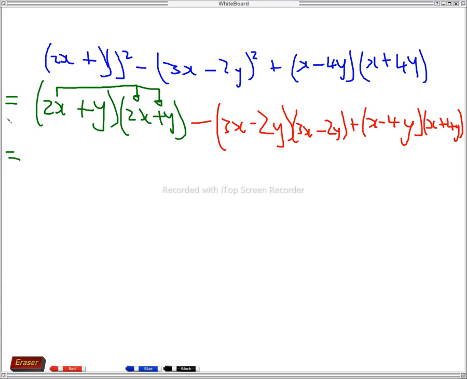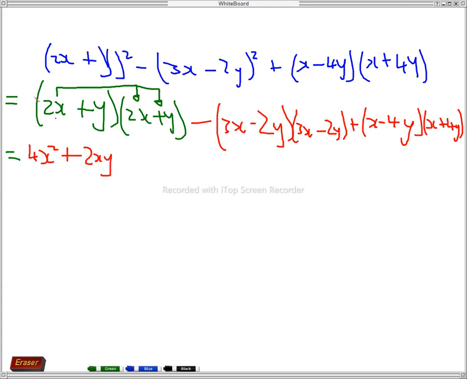So let's just calculate. 2x multiplied by 2x is going to give us 4x squared. When we go again and say 2x multiplied by y, our answer is plus 2xy.